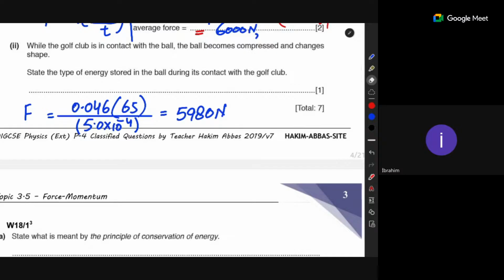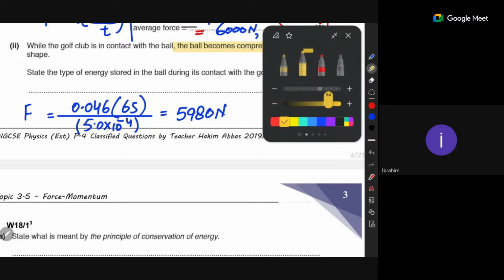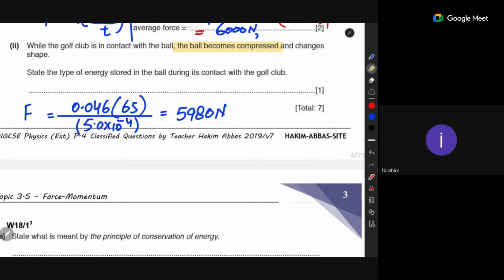Yes, sir. While the golf club is in contact, the ball is compressed. So we have to consider that the ball is compressed and changes shape. State the type of energy stored in the ball during the contact with the golf club. Elastic potential energy. Yes.